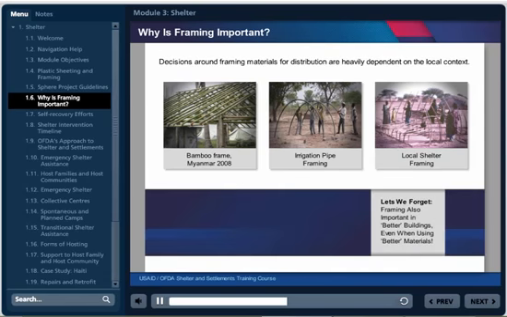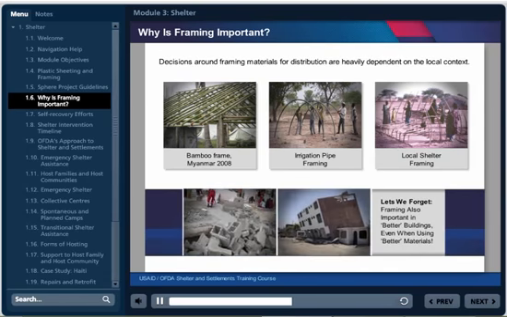It is important that framing materials be considered within the context of any given shelter intervention, whether it is bamboo, poles, or even irrigation pipes, as seen here in the photograph. Even if you have assessed and decided that there will be no need for distribution of framing materials, it needs to be justified so that affected communities, donors, and staff in your head offices can understand the situation and needs on the ground.